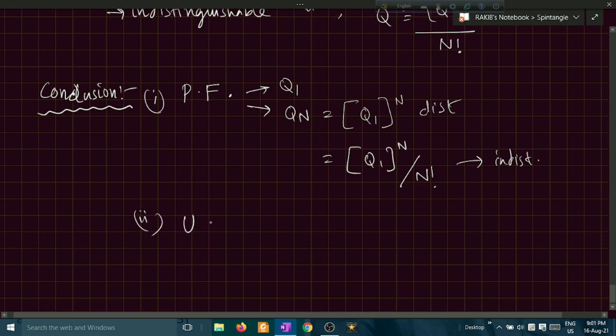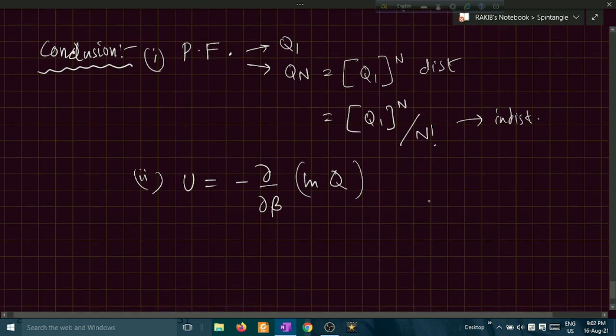The second formula is U equals minus del beta of ln q. You have to determine the partition function, and then differentiate it with respect to beta. Beta is 1 upon kT.